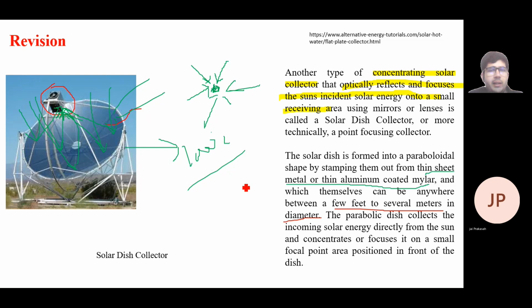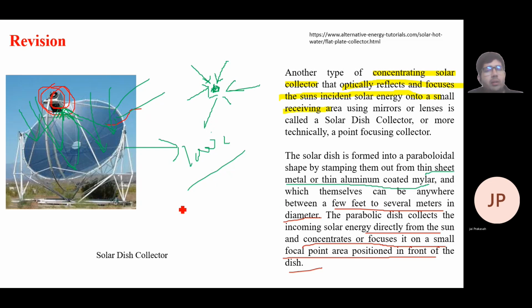The parabolic disk collects the incoming solar energy directly from the sun and concentrates or focuses it on a small focal point area positioned in front of the dish. So this is the dish. All the light is impinging on this dish and reflecting to a particular point only, this focus point.